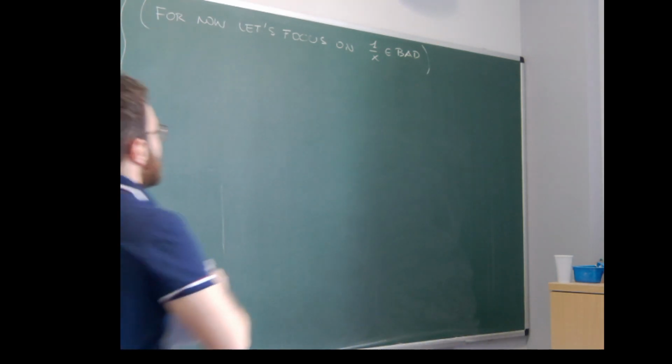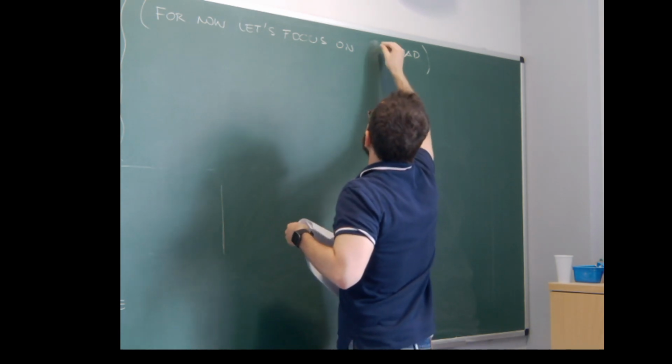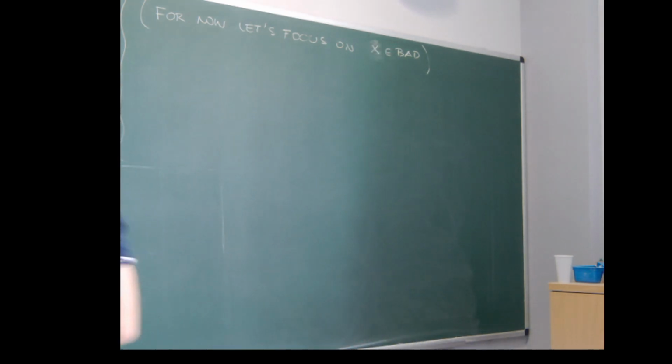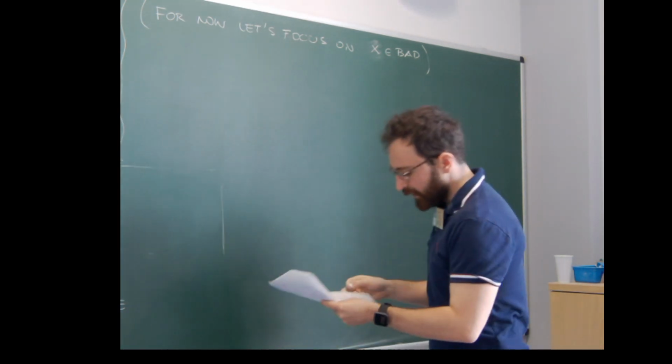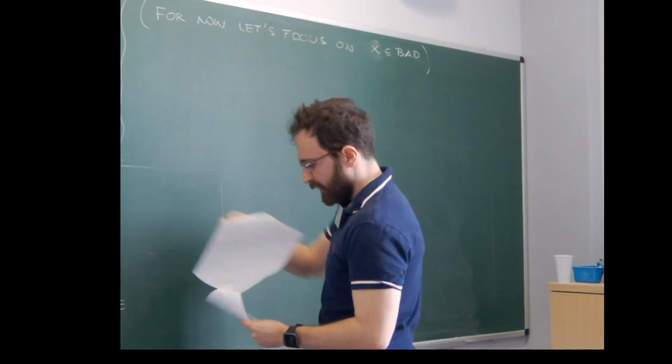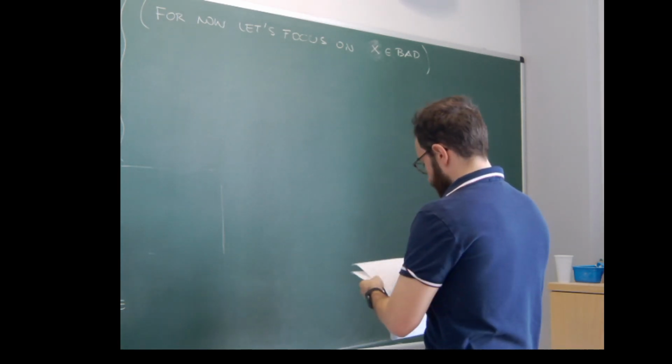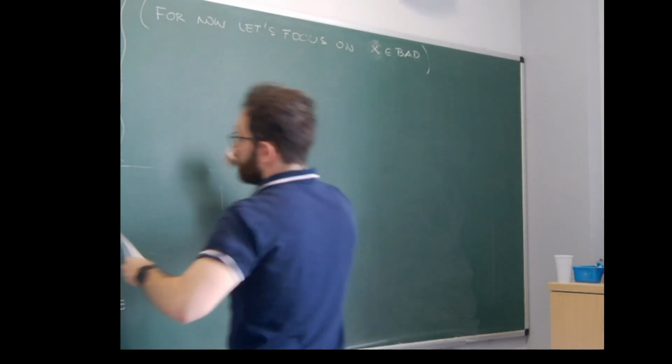I'm sorry, not 1 over x, for x. So the singular case you can do by yourselves. For now, I just want to prove the badly approximable case. Good.